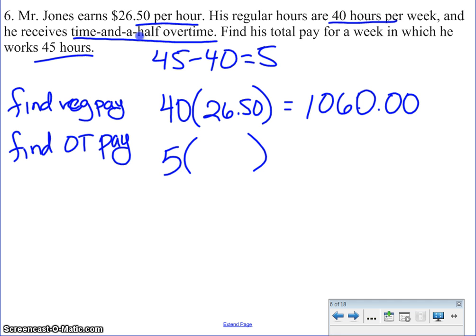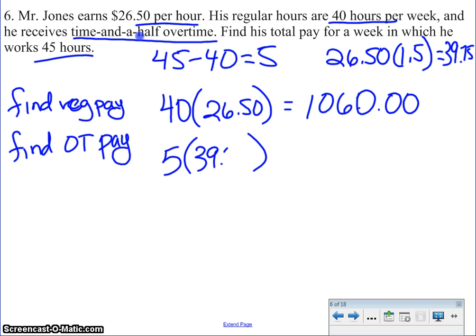To get the overtime rate, we're going to take the regular rate, which is $26.50. And again, it says he receives time and a half. So we're going to multiply it by 1.5, and we get $39.75. So we're going to take the $39.75 and put it in there.